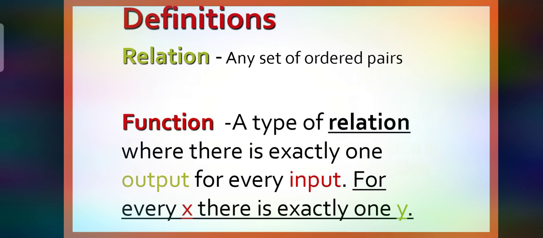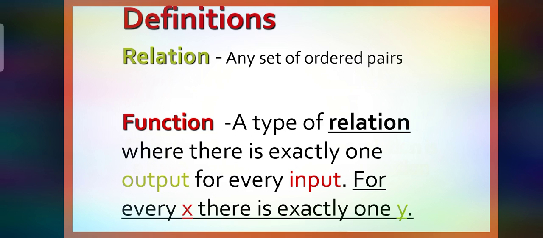Function. A function is a type of relation where there is exactly one output for every input. For every x, there is exactly one y. In another way, a function is a relation where each element in the domain is related to only one value in the range by some rule.